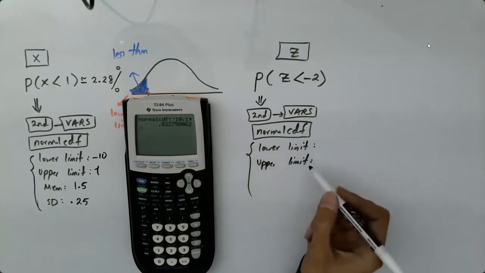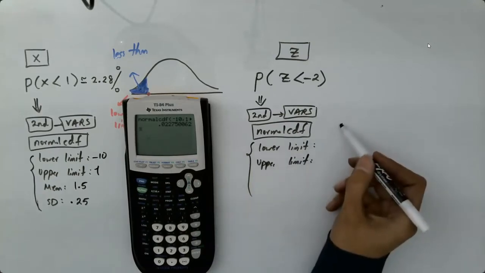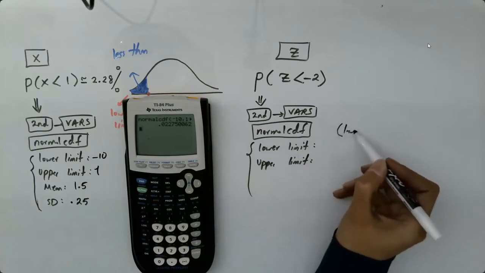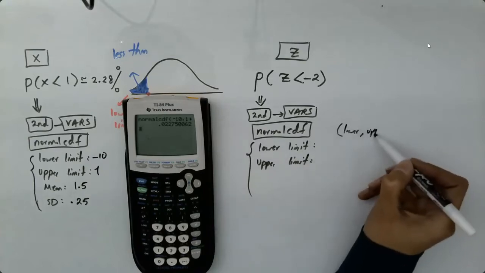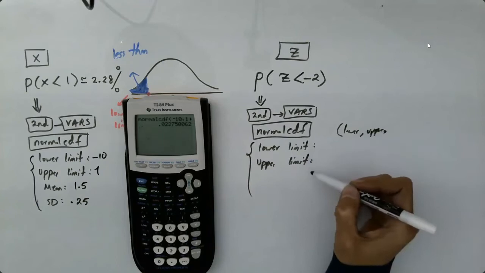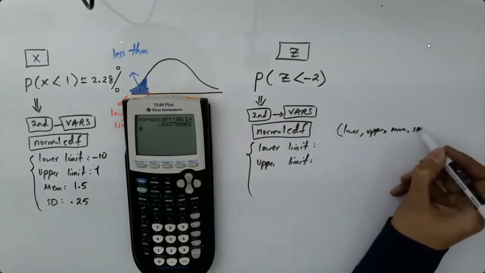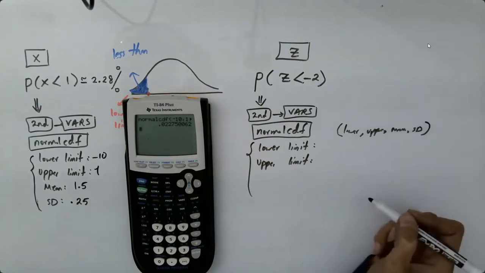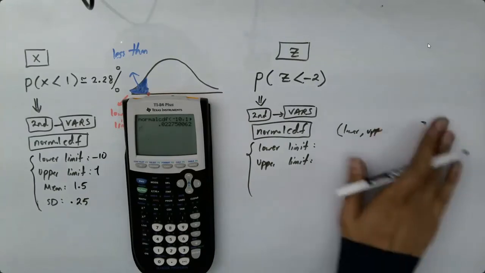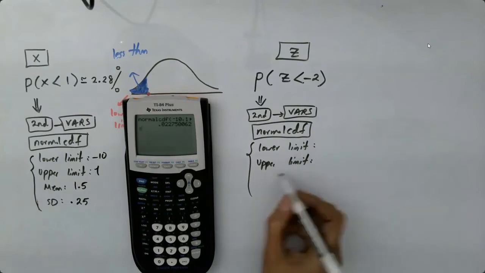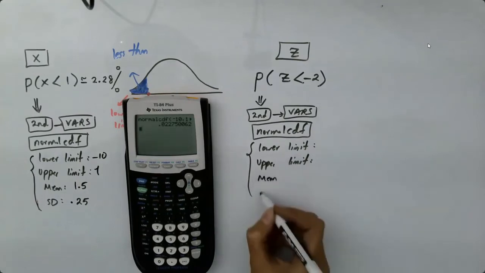If you're using TI-83, you're just going to use parentheses, lower limit, comma, upper limit. Just enter the numbers with comma separated, the mean, comma, standard deviation, close the parenthesis, and do the calculation. It's going to be the same. Upper limit, mean, standard deviation.